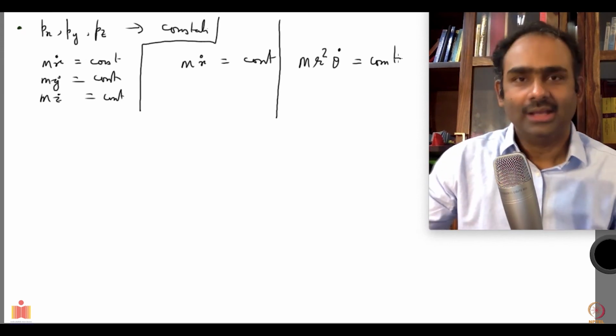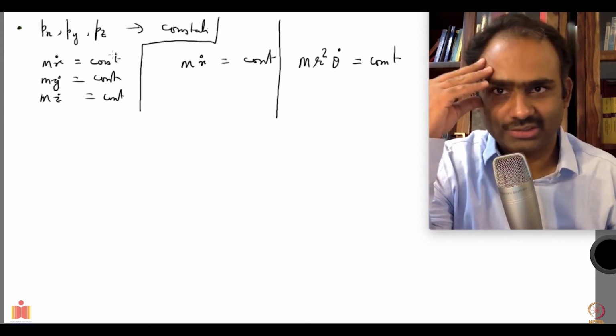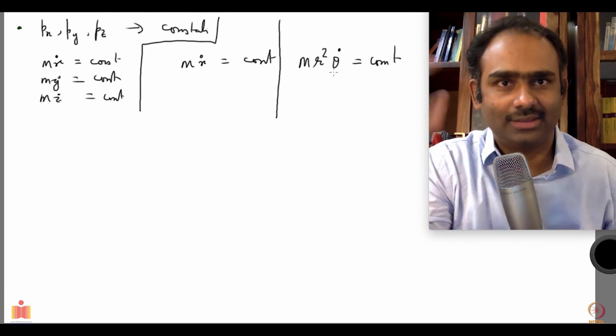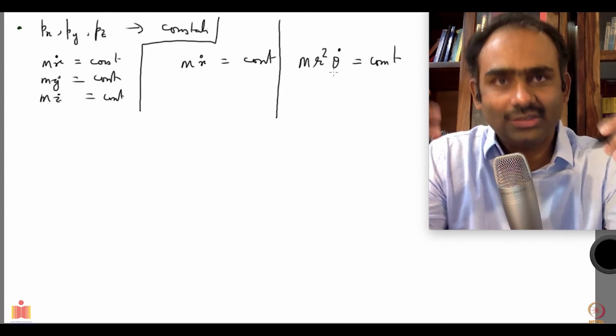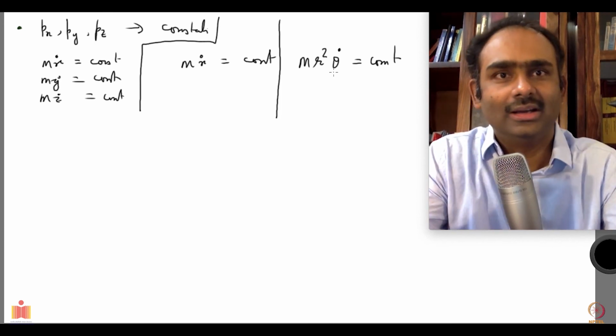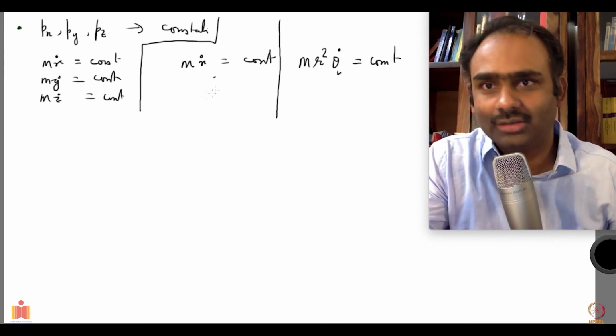Now note all these equations that I have written down here: m x dot constant, m r square theta dot constant, they are all first order differential equations. There is only one time derivative involved, theta dot or x dot or y dot or z dot.